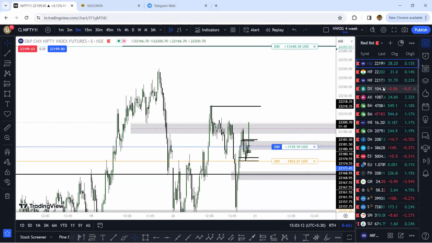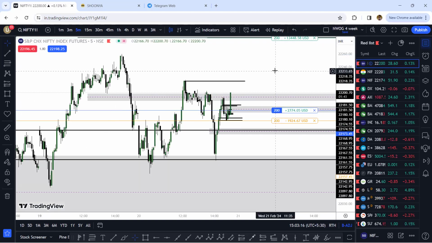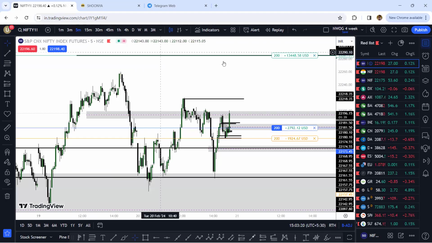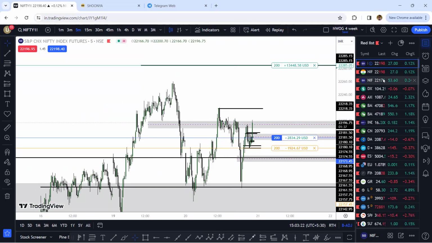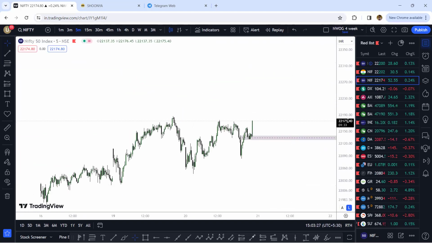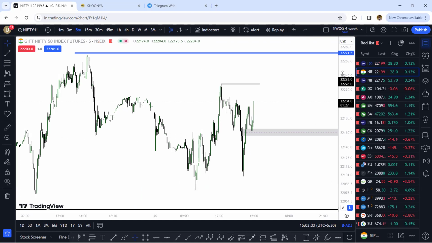Okay, I like that. DXY should be dropping. It's not dropping yet. Okay, Nifty is about to take out the day high. So I can still be in this. There's no problem.